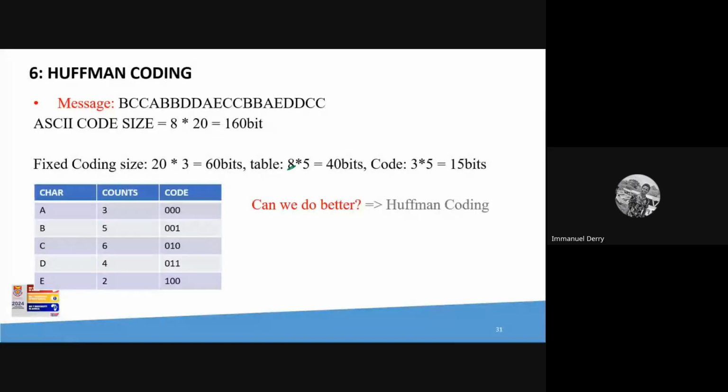Please just forget about it. I'm just using these to show that each of these characters is represented with 3 bits. That's what we have here. As I was saying, we can do better with the Huffman encoding.